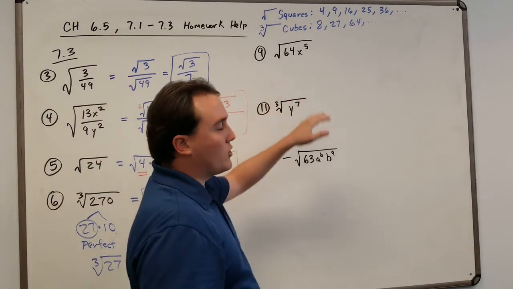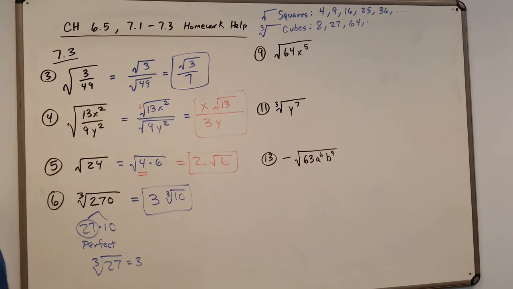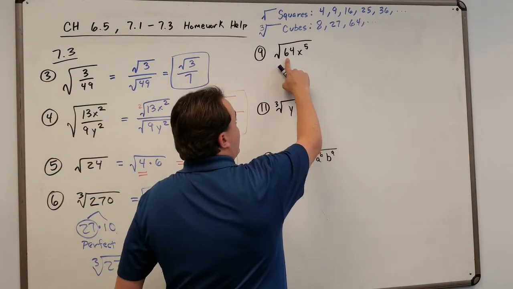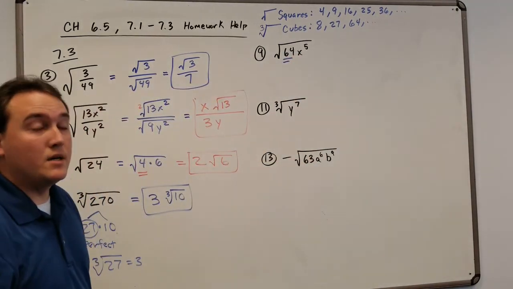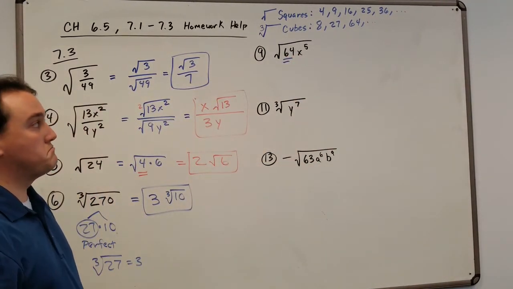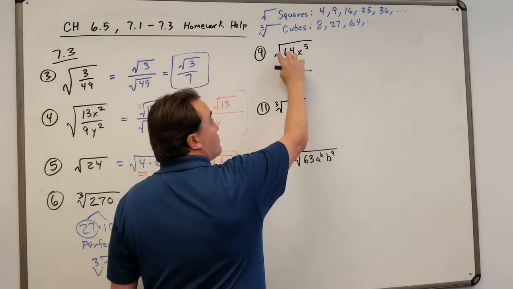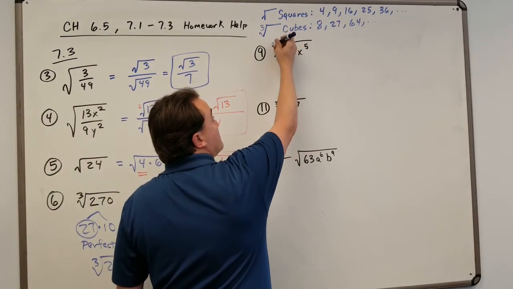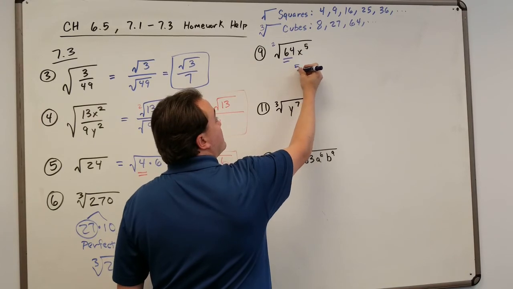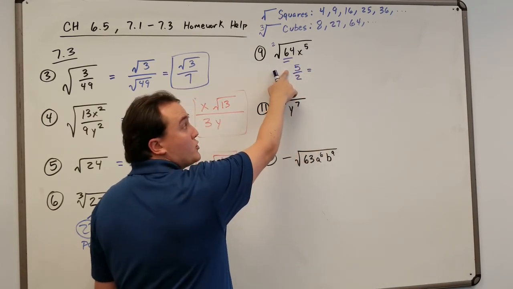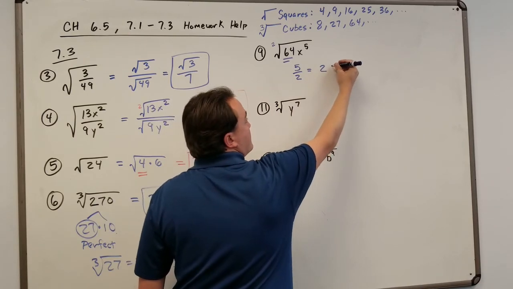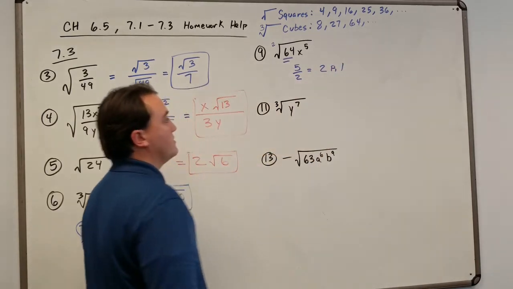Moving on to a little bit harder problems. Now we're mixing all this stuff together, okay? So the square root of 64, that's perfect, that's 8. But we have a letter that you might not know what to do with. Remember, the root is 2. So 5 divided by 2 is, 2 goes into 4 2 times, and into 5 there's 1 left over.